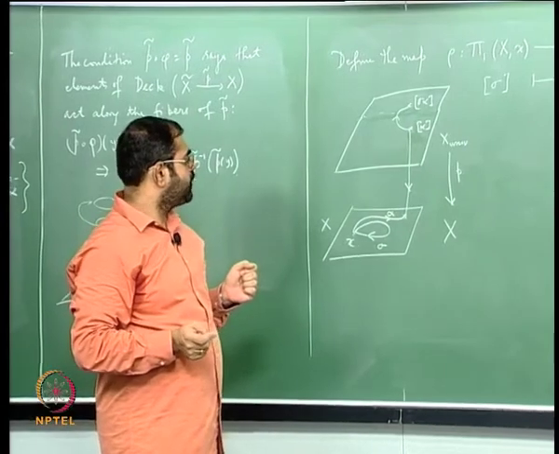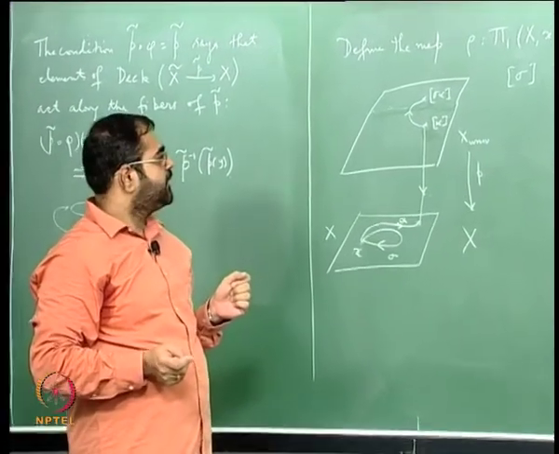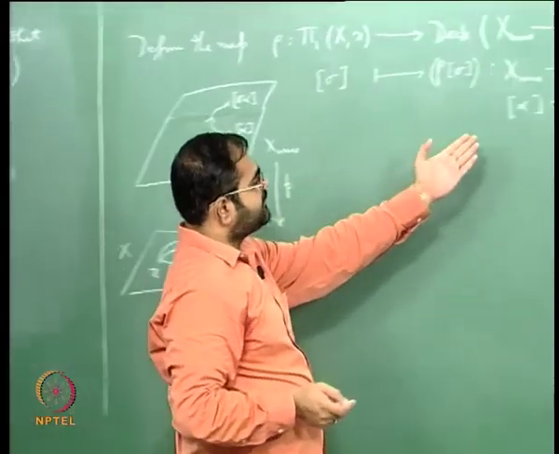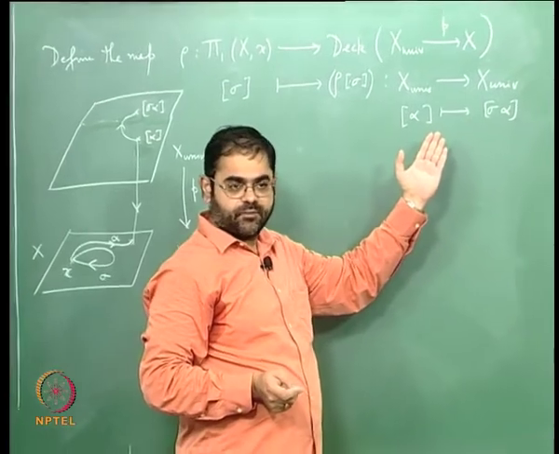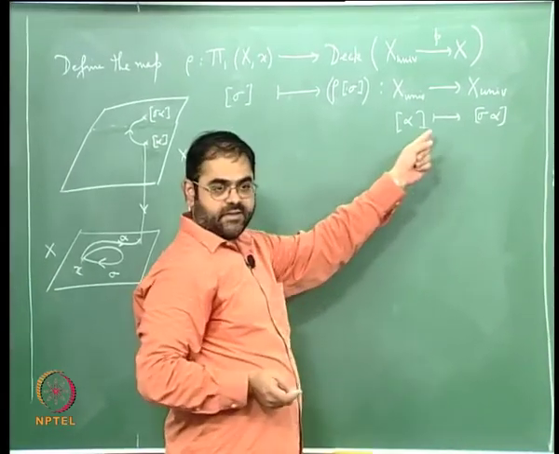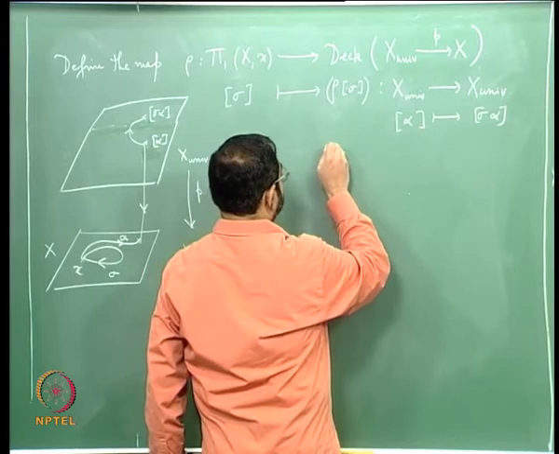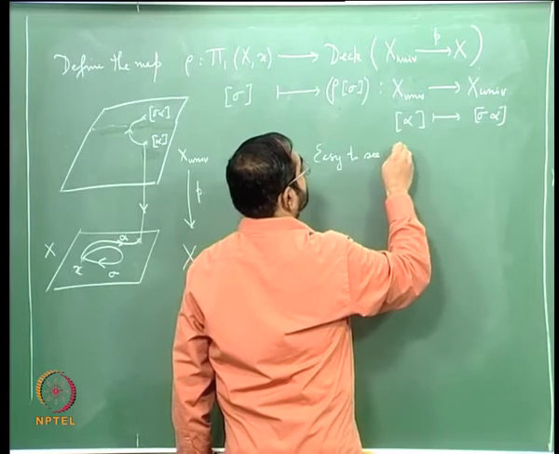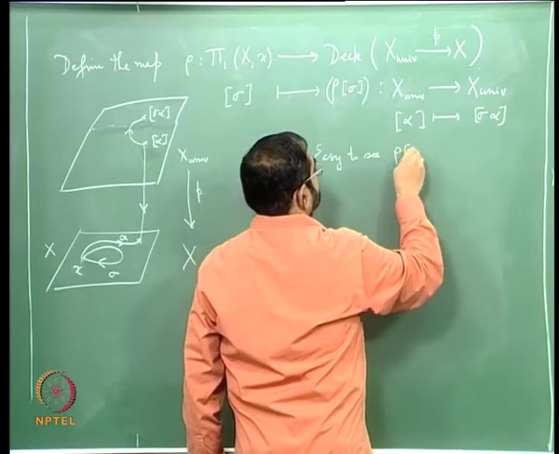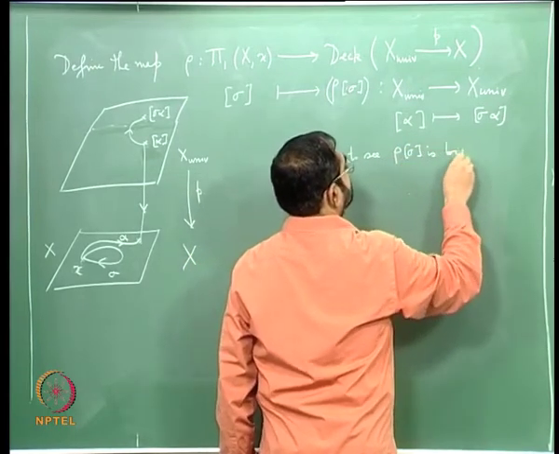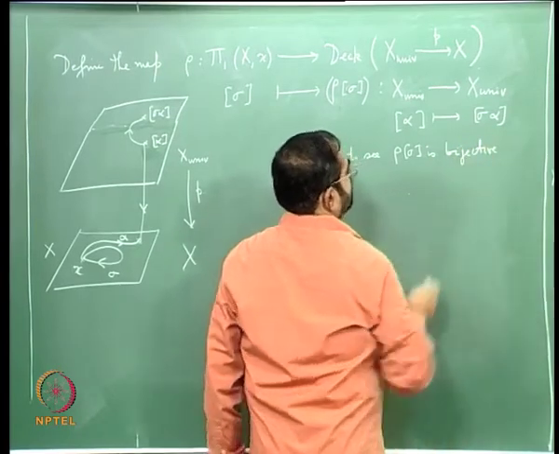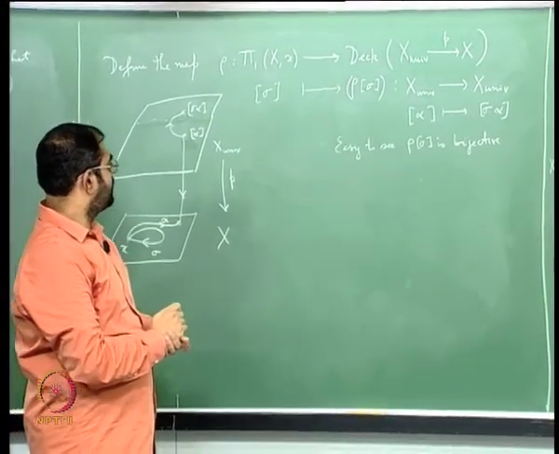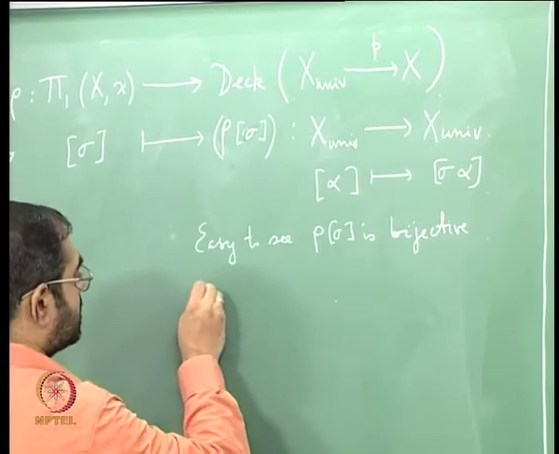Now 2 or 3 things can be seen very quickly. Actually you can directly see that this map is bijective, okay. That's very easy to see. Rho of sigma is bijective, okay. That's quite easy to see. Why is that true?